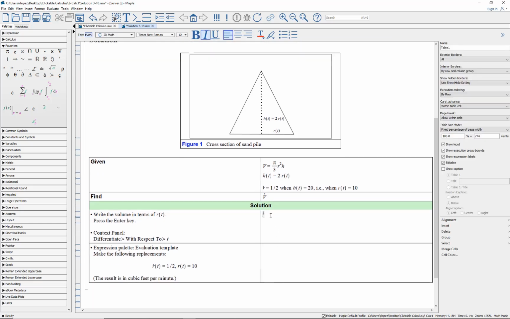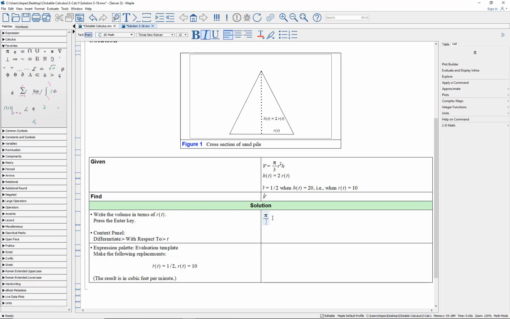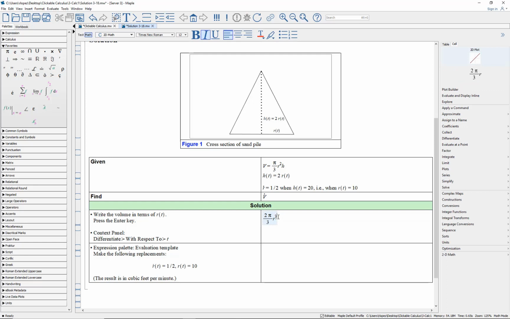Begin, write the volume in terms of just r. So it's pi over 3. You have an r squared. You're going to pick up an r here, so you need a 2. So let's stick a 2 here. And then you need an r cubed, but you need explicit dependence on t.